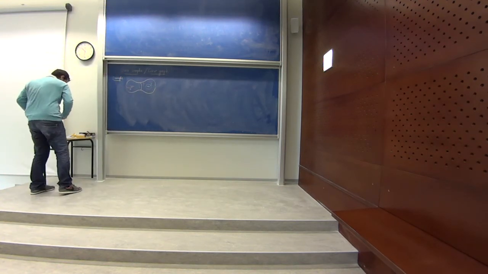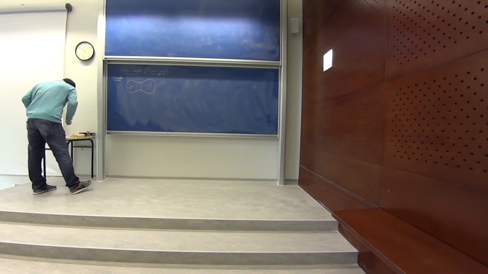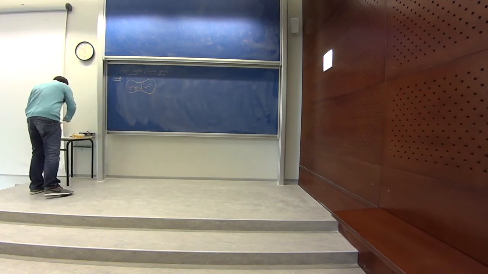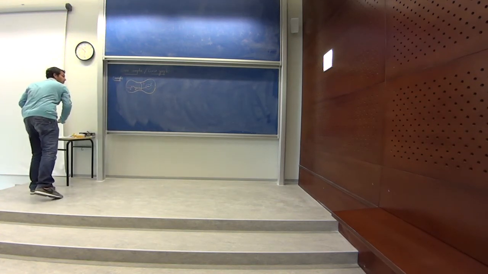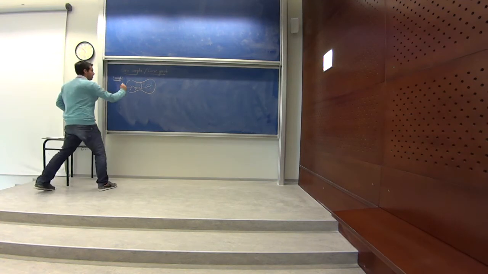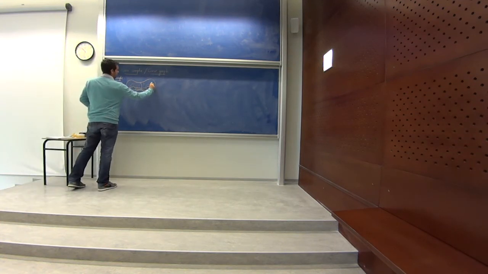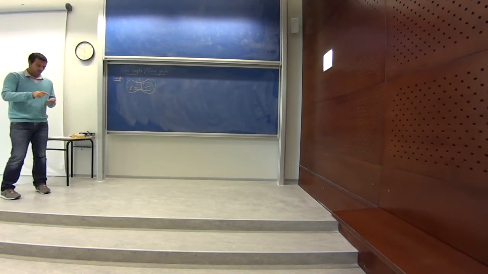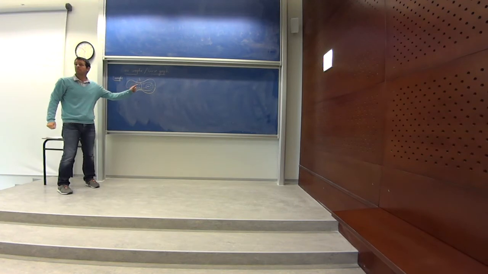Let's see what else. Here's a simple closed curve gamma. Yes, green, and then here's one, maybe delta.